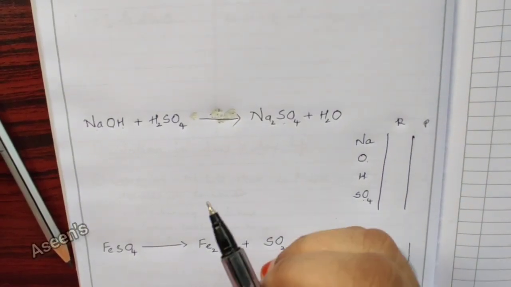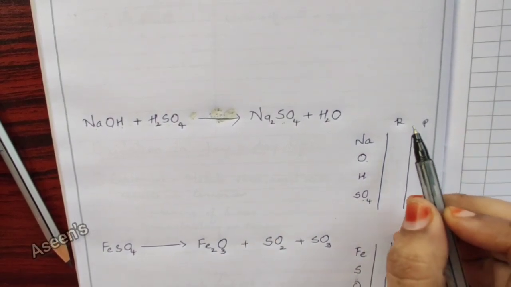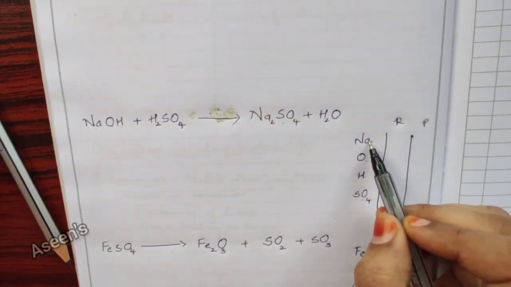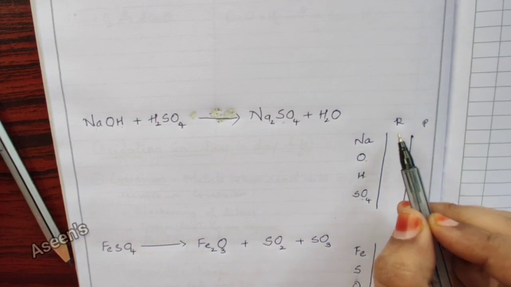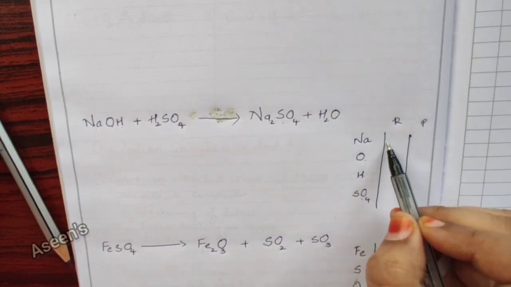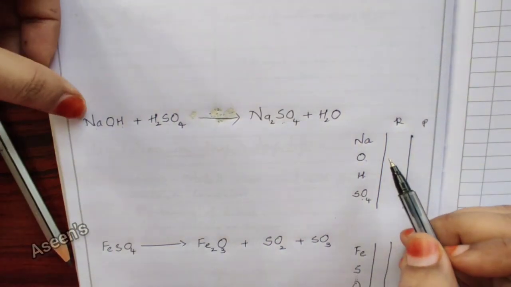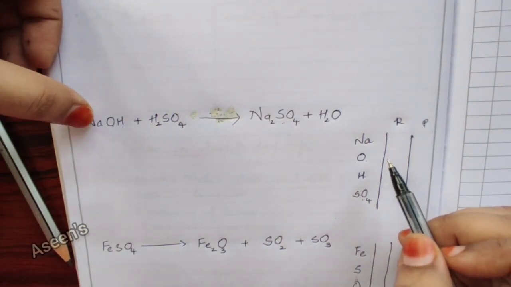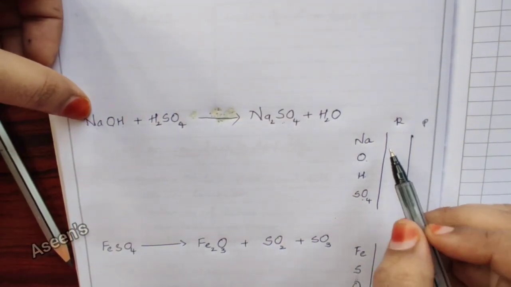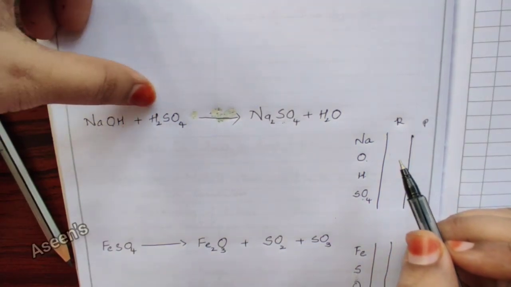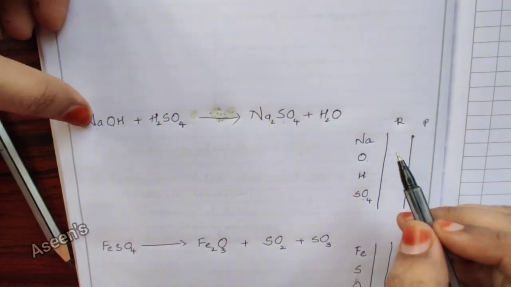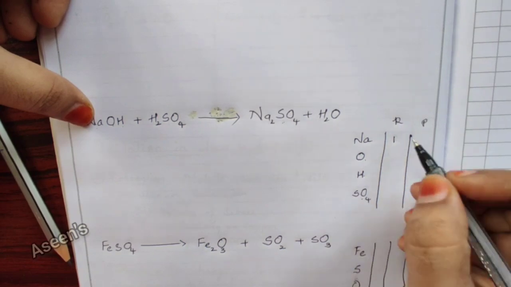The next step is to write the number of atoms of each element on the reactant and product side. So as you can see here, this Na is single, and on the reactant side I don't have any more Na, so Na is 1.